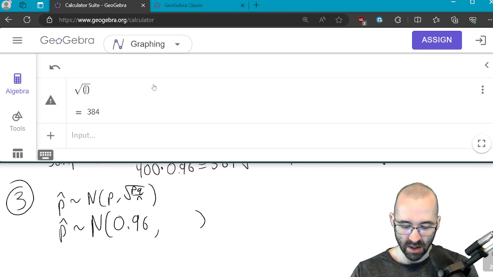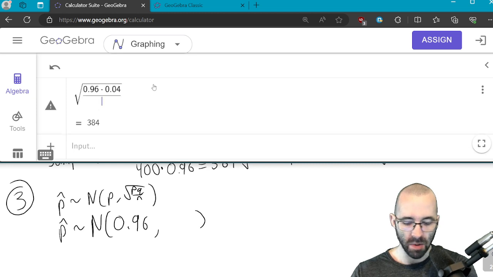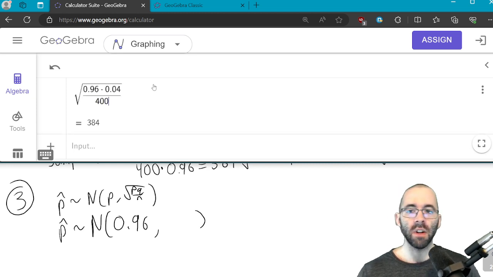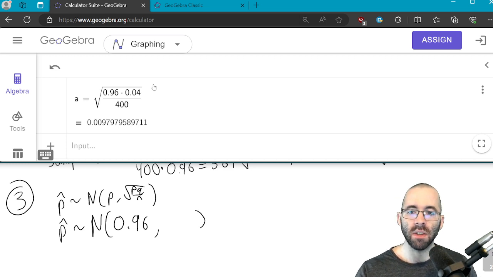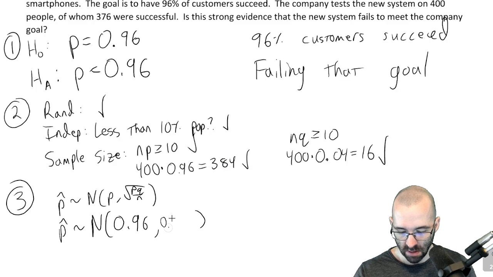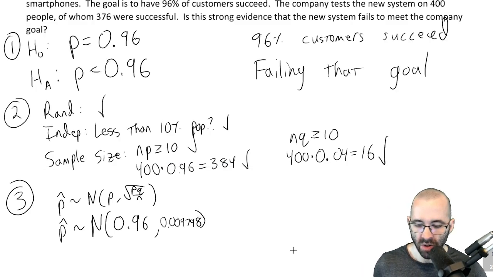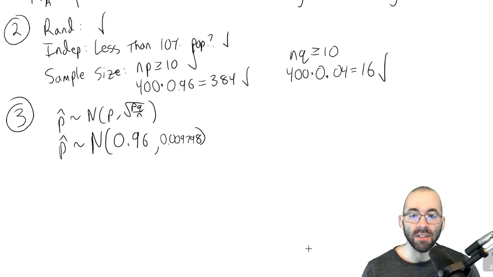Square root of P times Q. Remember, Q is just 1 minus P. All over N. N is how many? Press enter. 0.009798. Make sure to include at least 4 significant figures in these. That's our sampling distribution. Good.